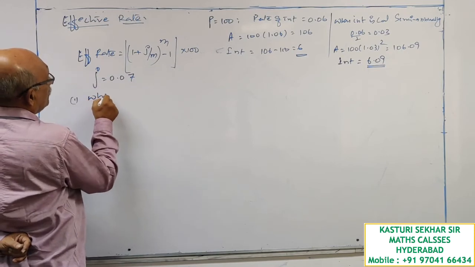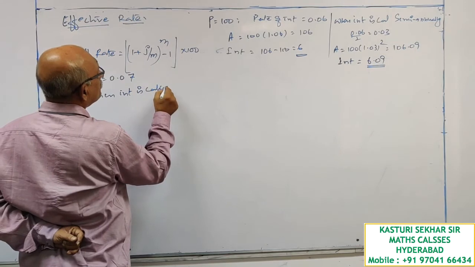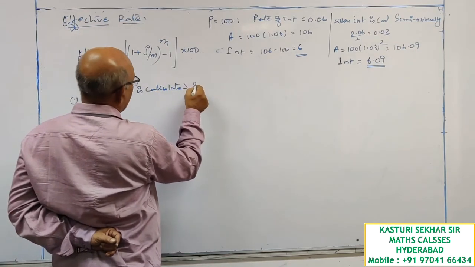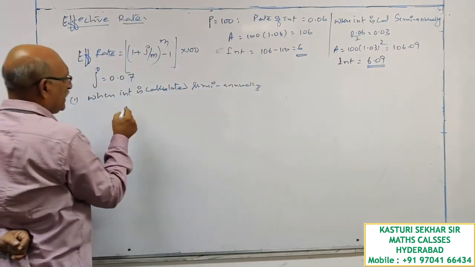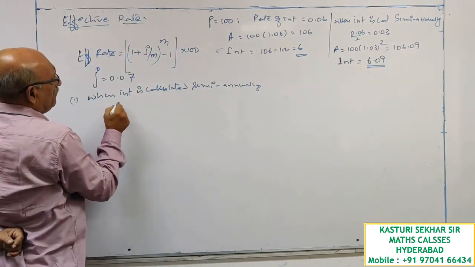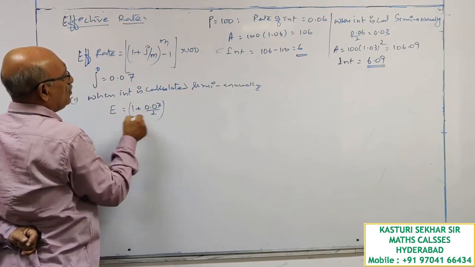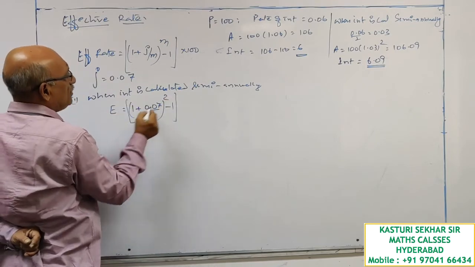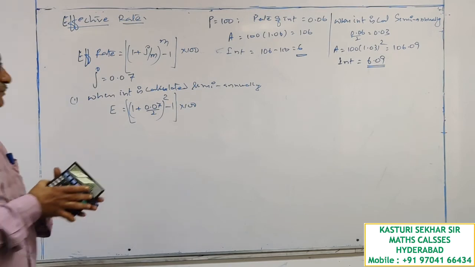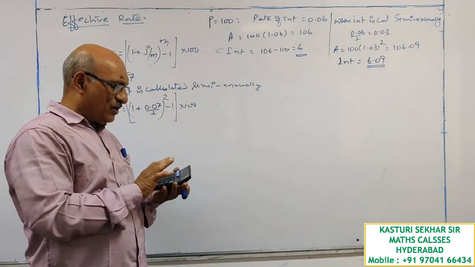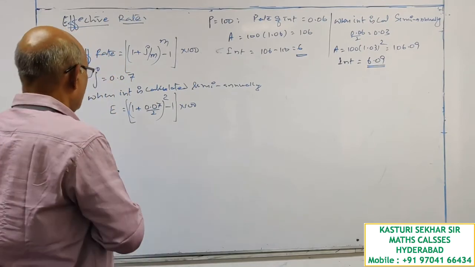First point. When interest is calculated semi-annually, what is its effective rate, sir? Effective rate is equal to 1 plus 0.07 by 2 whole square minus 1 into 100. So 0.07 divided by 2, 0.035.